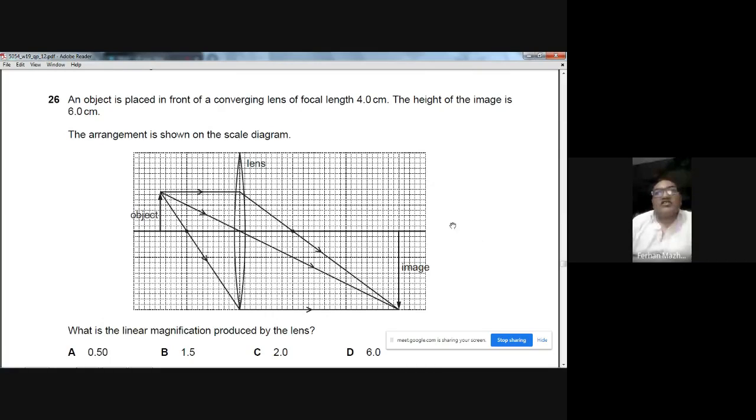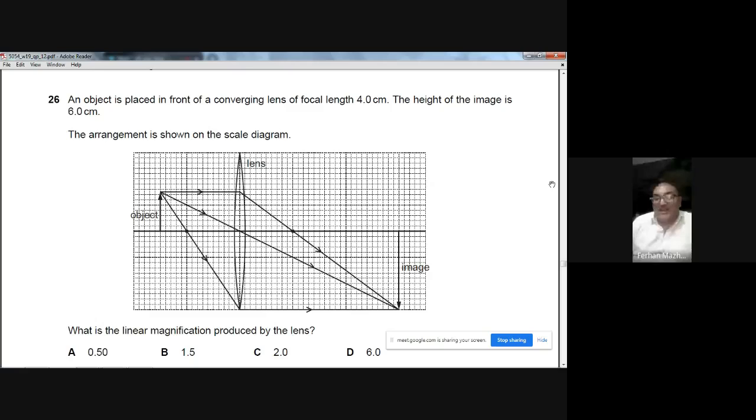So it's 15, it's 7. Let's divide 15 divided by 7. My answer is 2 point something. 2.1 is my answer on the calculator. So the linear magnification is 2.1. This is question number 26.